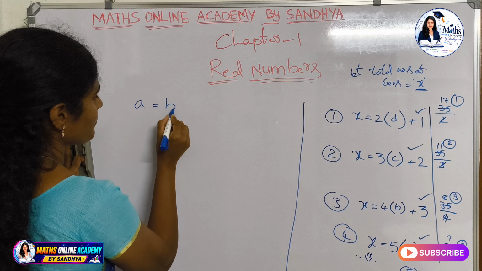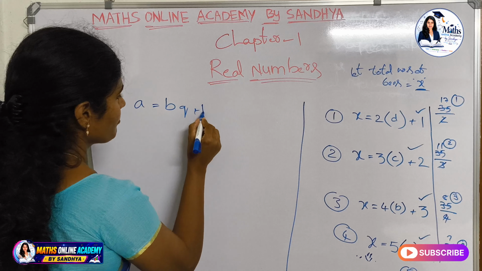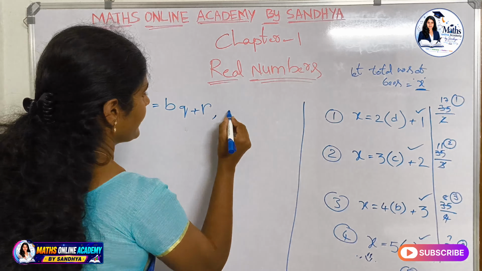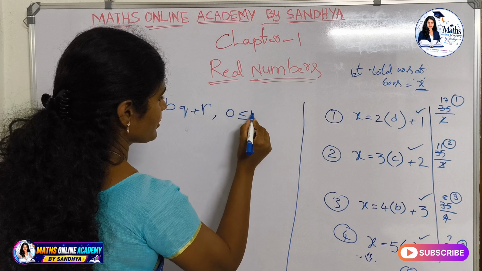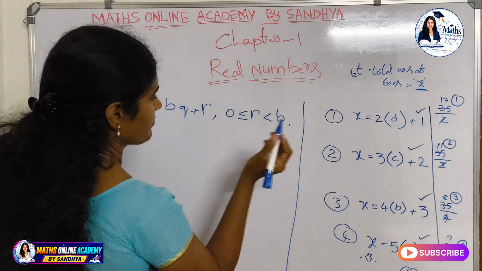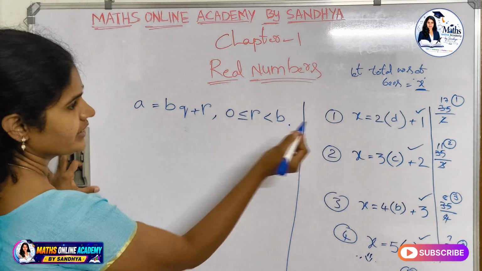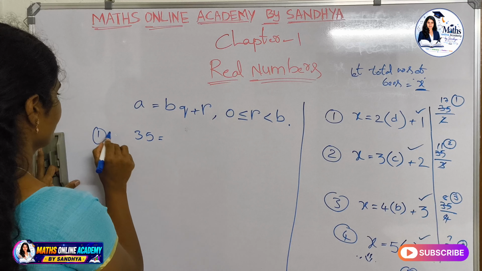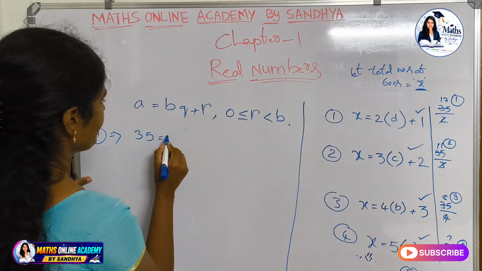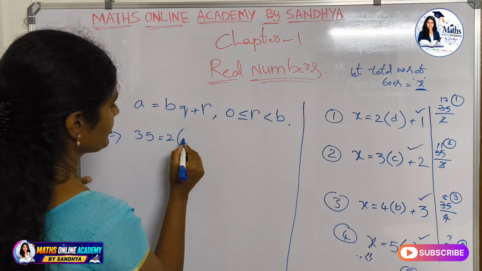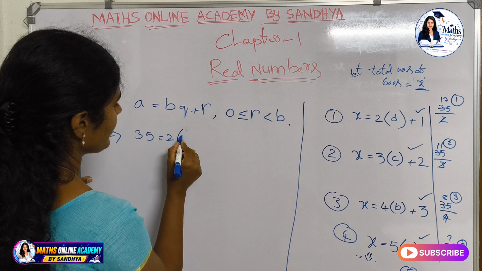So the famous formula, what? A equal to BQ plus R, and 0 less than or equal to R less than B. Here see, A is the 35 in the first condition, B is the 2, Q we find out, plus R is the 1.